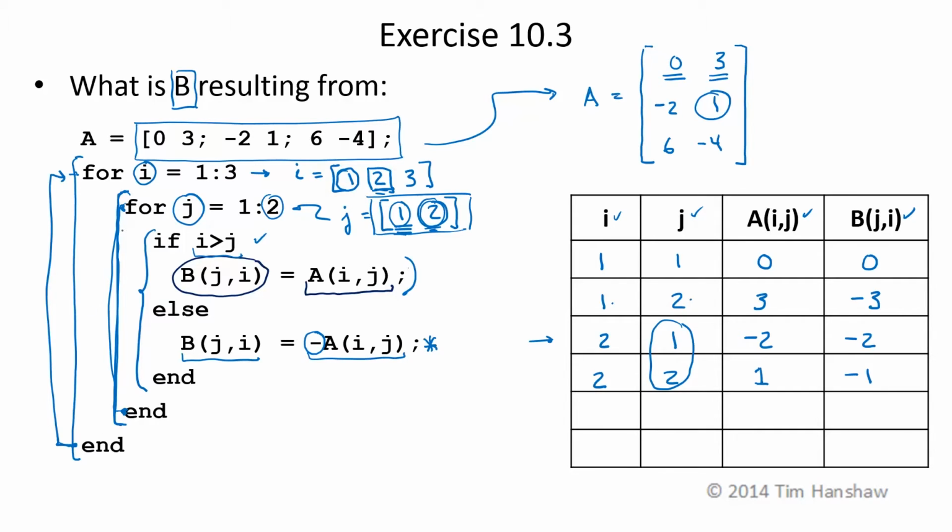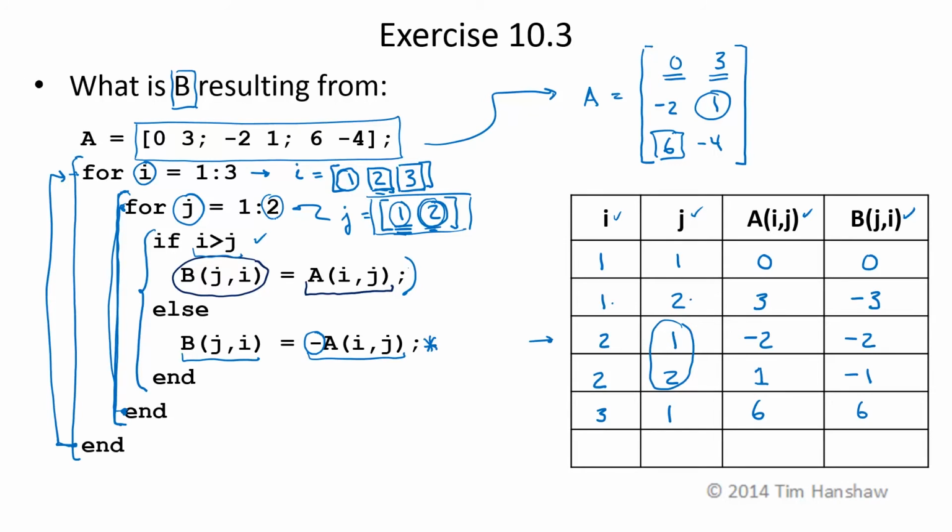We go to this end statement, and we pick up the next value of i, which is 3. The inner for loop starts over again, so j starts counting at 1 again. We check to see if i is greater than j. It is. So B of j comma i is the same as A of i comma j. If i is 3 and j is 1, A of i comma j is 6. We don't change the sign, so this becomes 6.